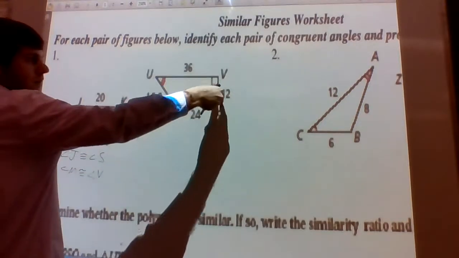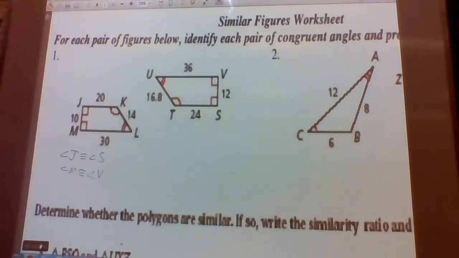If we rotate this trapezoid around 180 degrees, all these pieces are going to line up.